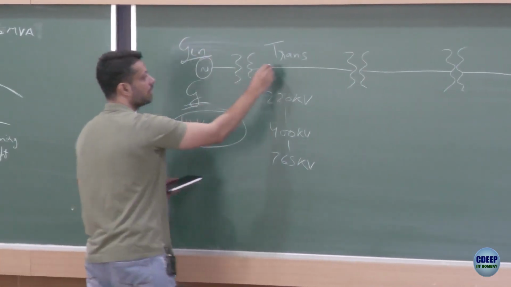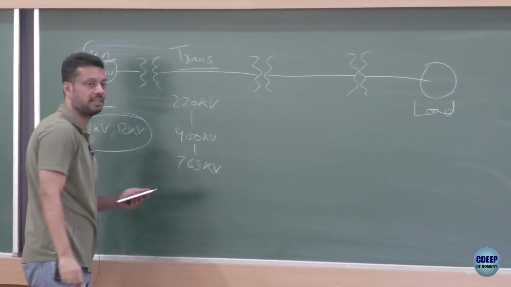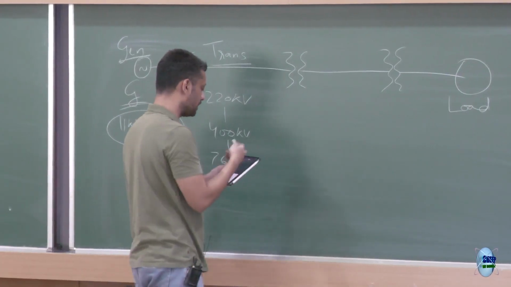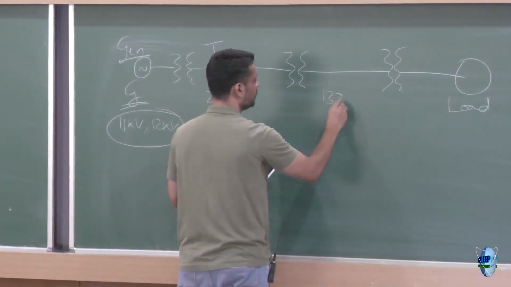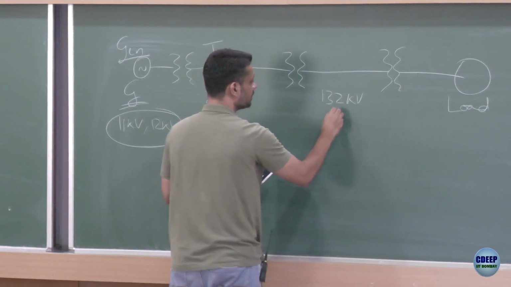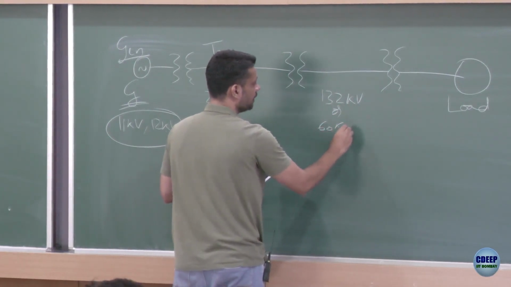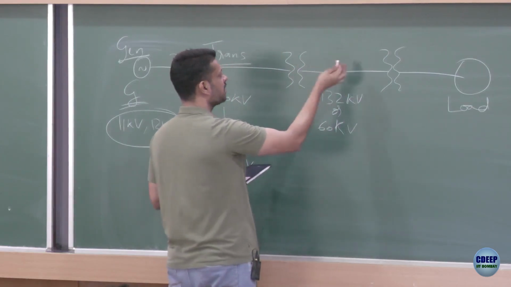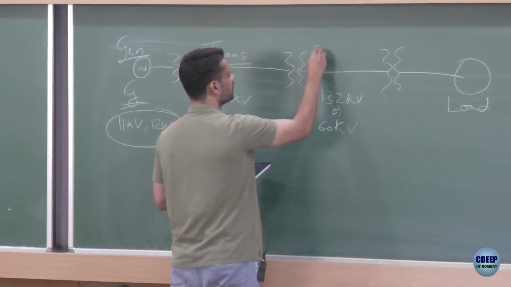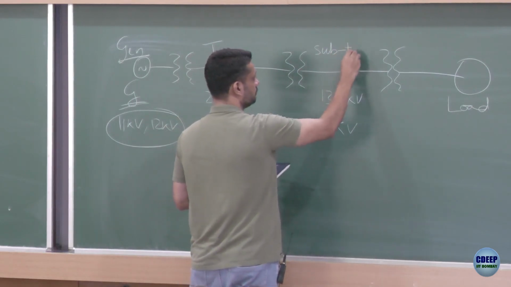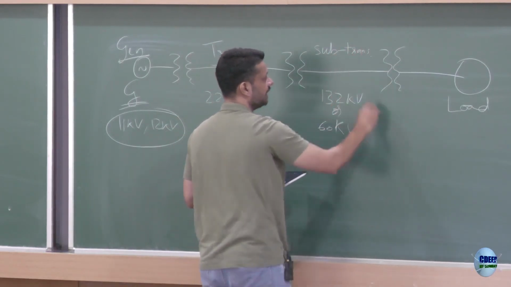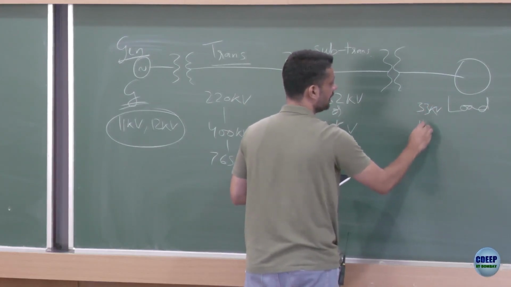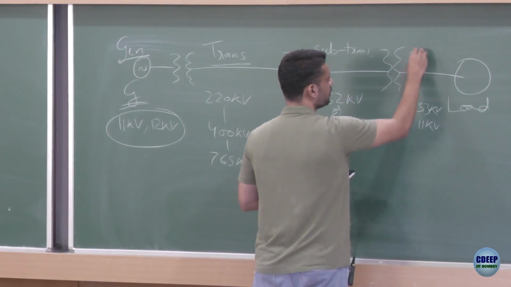You transmit over a long region. Then once it is a little closer to the city, you step it down to 132 kV or 66 kV. This is somewhere between transmission and distribution, some call it sub-transmission. And then you step it down further to, let's say, 33 kV or 11 kV, which is distribution.